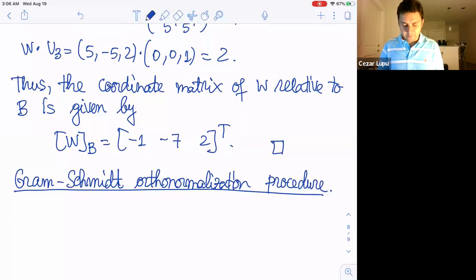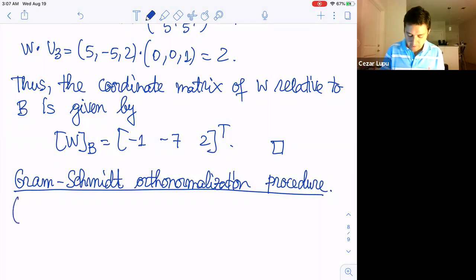Let me give you some motivation first. We have seen that working with an orthonormal basis has its advantages. But now we would like to see a procedure that will produce such a basis of orthonormal vectors. This procedure is called the Gram-Schmidt orthonormalization procedure.